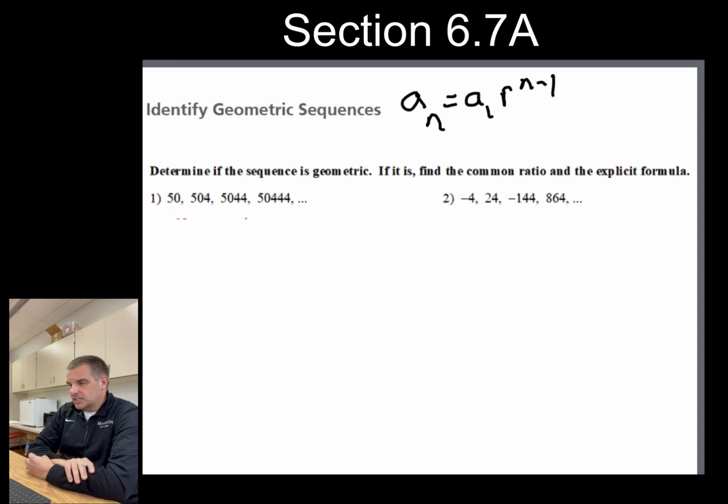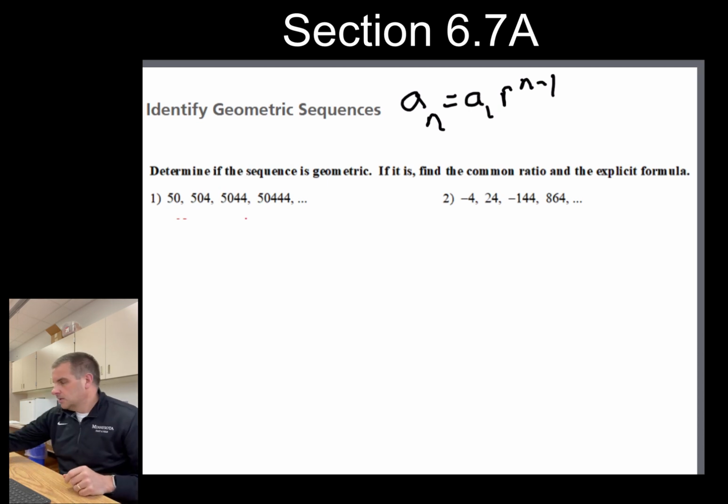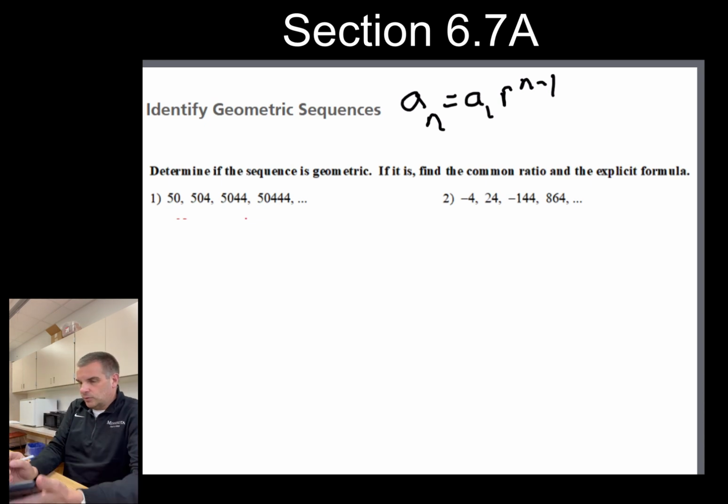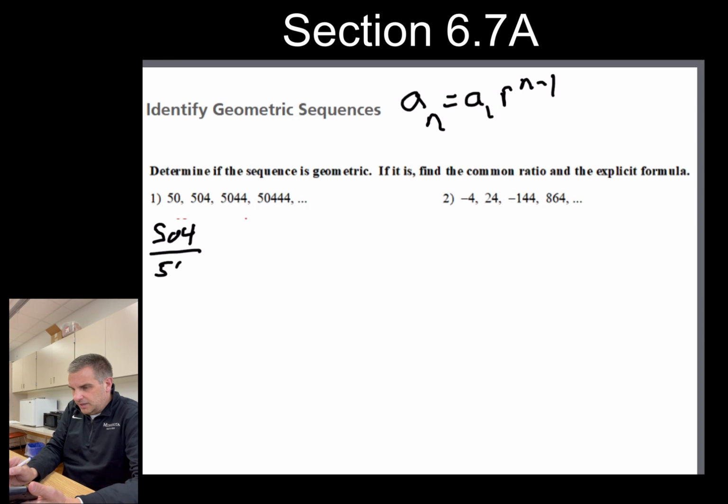The first one says, determine if the sequence is geometric. If it is, find the common ratio and the explicit formula. So my first term is 50. My second term is 504. If I go 504 and divide that by 50, I get 10.08.